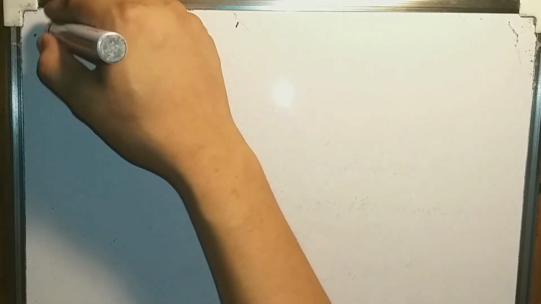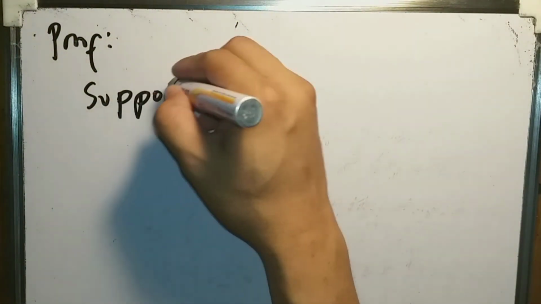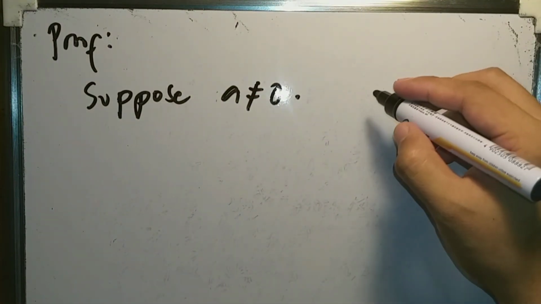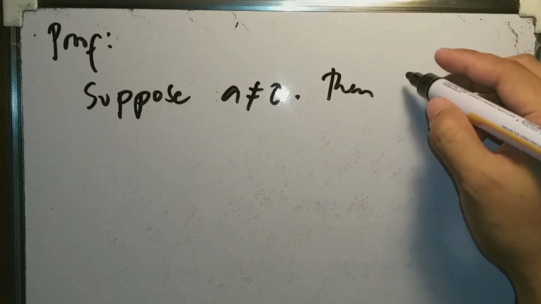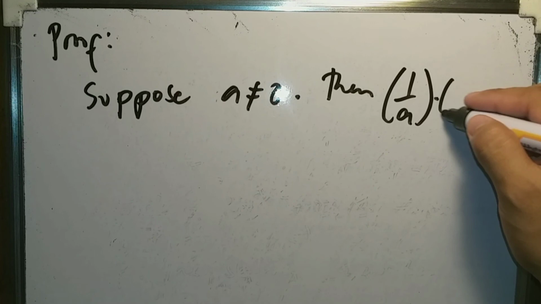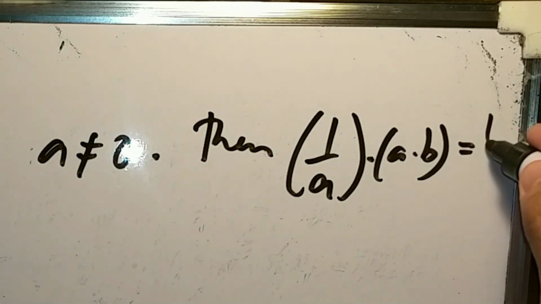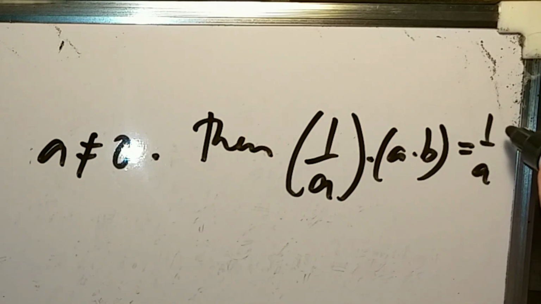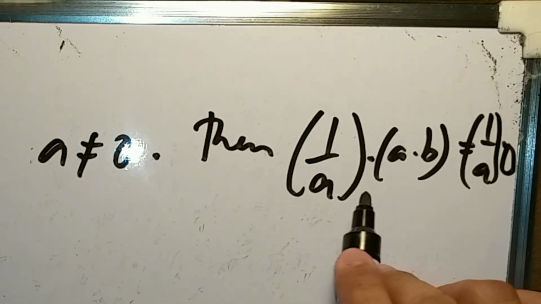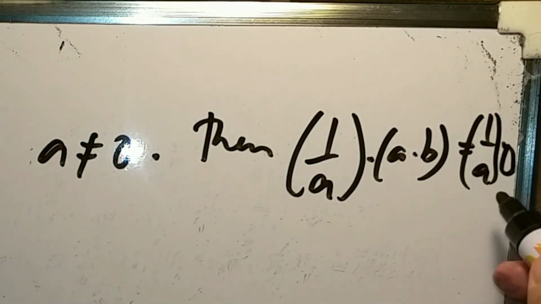So let's have the proof. Suppose A is not equal to 0, then we may write 1 over A times B equals 1 over A times 0. Here I just multiply 1 over A to both sides of the equation.